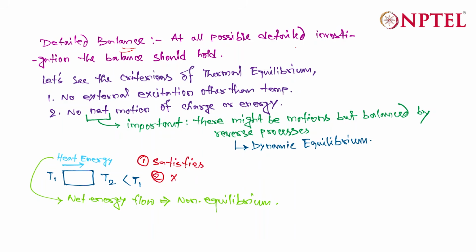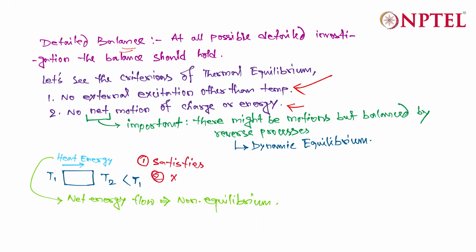And the second criterion is no net motion of charge and energy inside the material. These are the two criteria we generally look at in order to decide whether the material is in equilibrium or not. Okay, because we need some criteria, right?